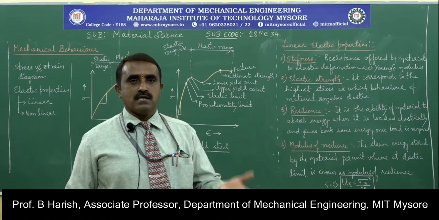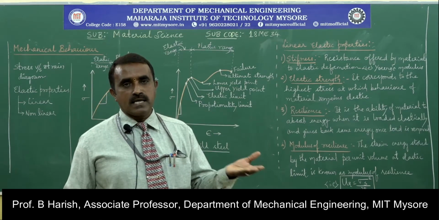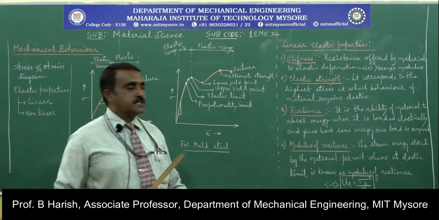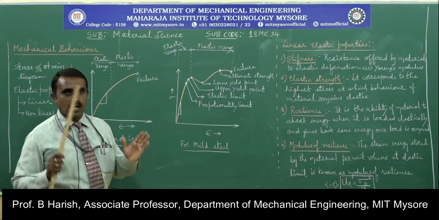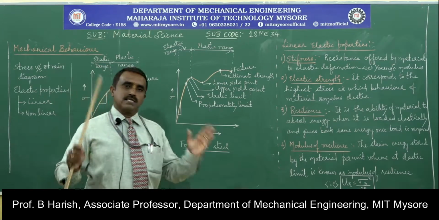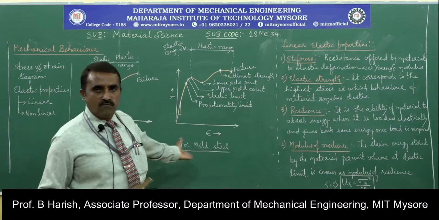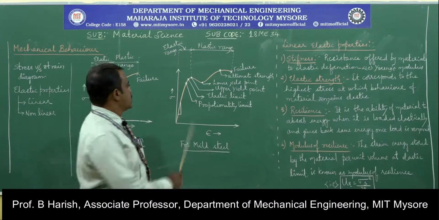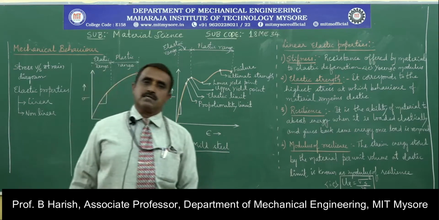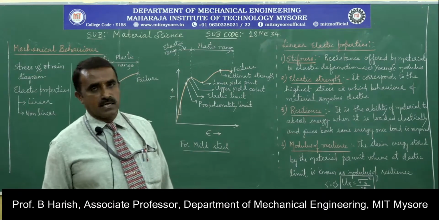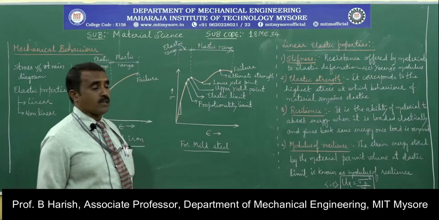Hooke's law states that stress is proportional to strain. Whatever increase in stress, the same amount of increase takes place in the deformation, that is strain. That limit is called the proportional limit. It is the limit up to which the stress is proportional to the strain and it obeys Hooke's law.